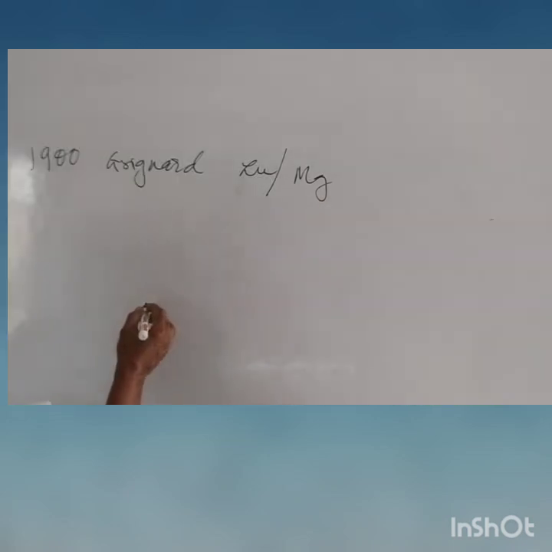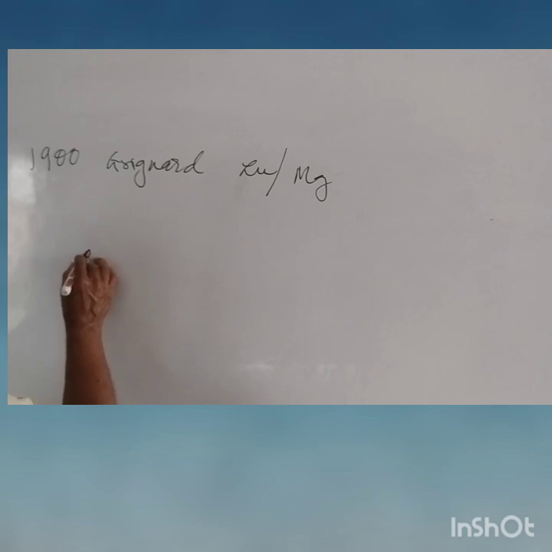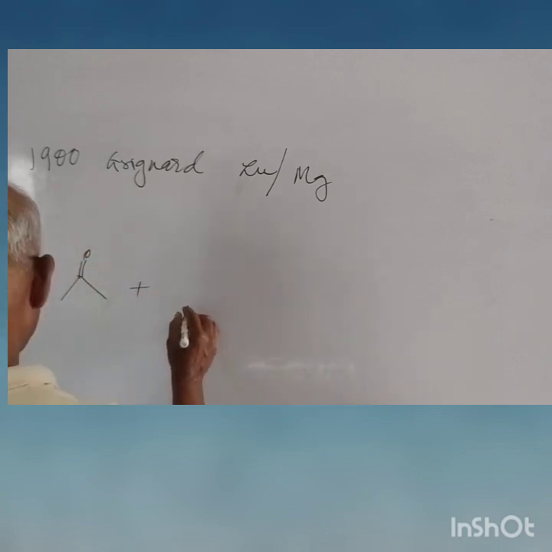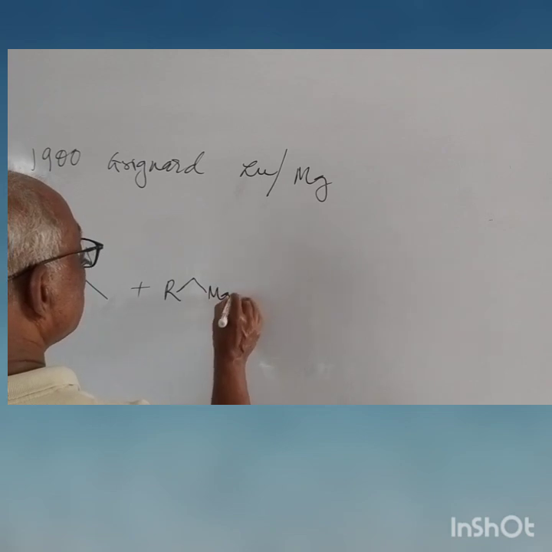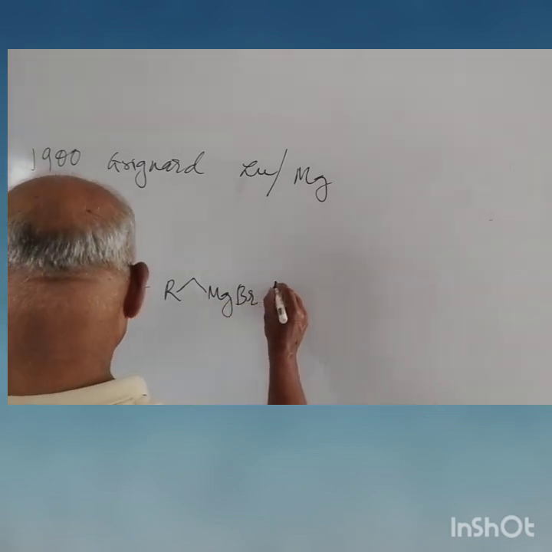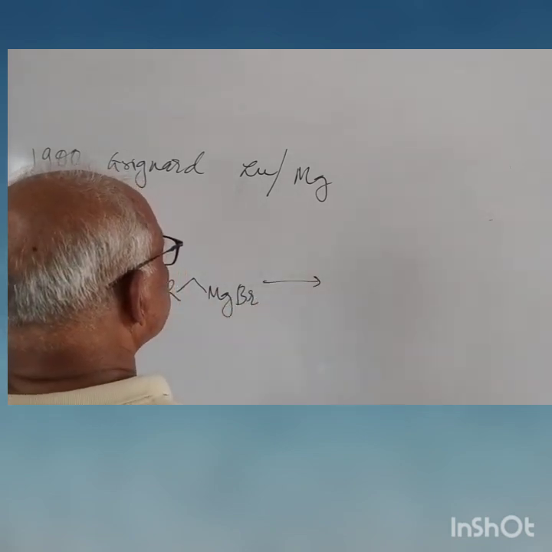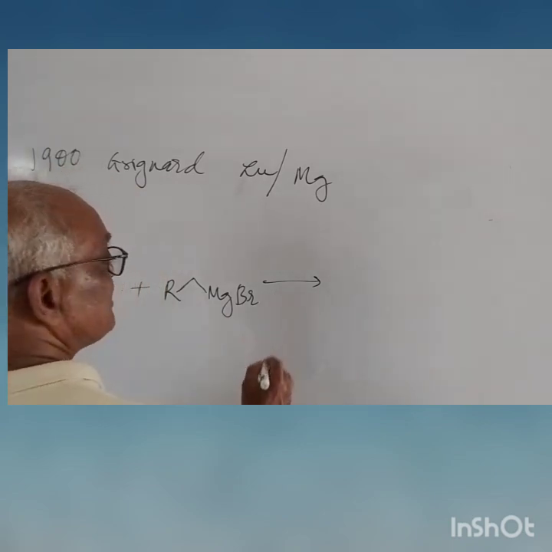One use of this reaction is with a ketone plus RMgBr. This is carried out in strictly dry nitrogen.